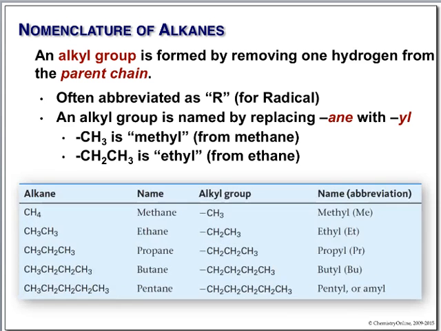The full set of them looks something like this. Methyl, ethyl, propyl, pentyl. There are also a lot of trivial names that have come up over time. Isopropyl, isobutyl, etc. We'll deal with those in just a minute. They're branch chains usually. But this is our simple chains attached to a parent.